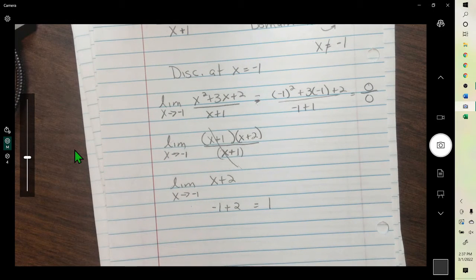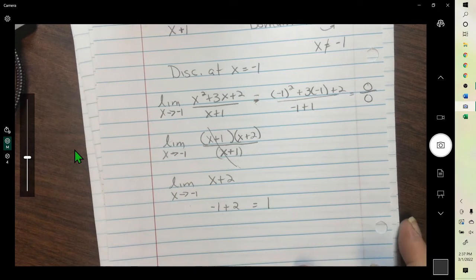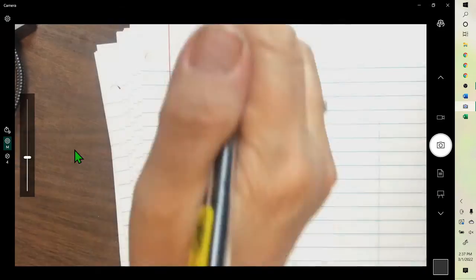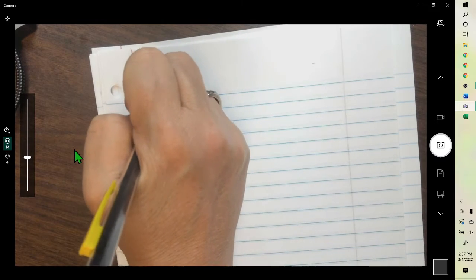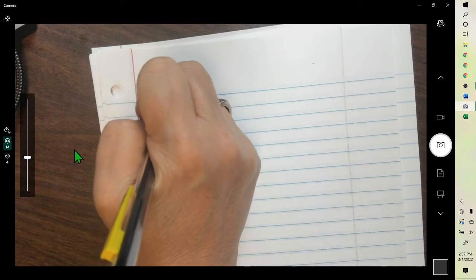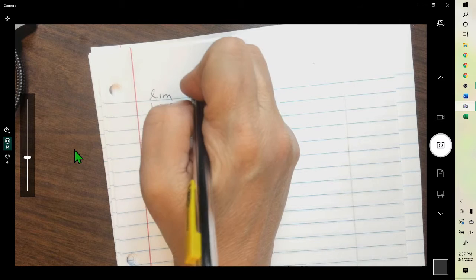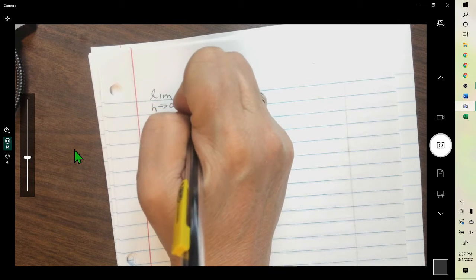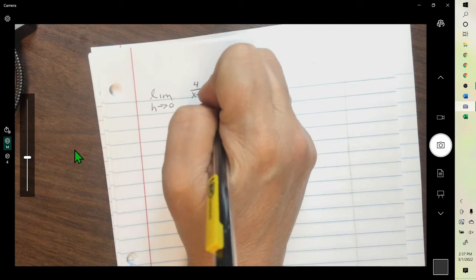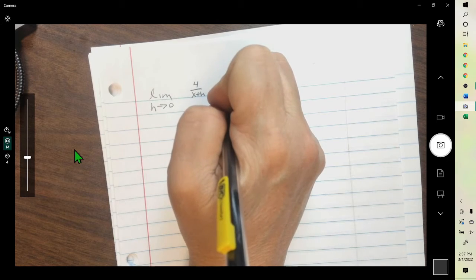Any questions? I guess not. Okay, let's try the limit as h approaches 0 of 4 over 3 plus h minus 4 over 3, all over h.